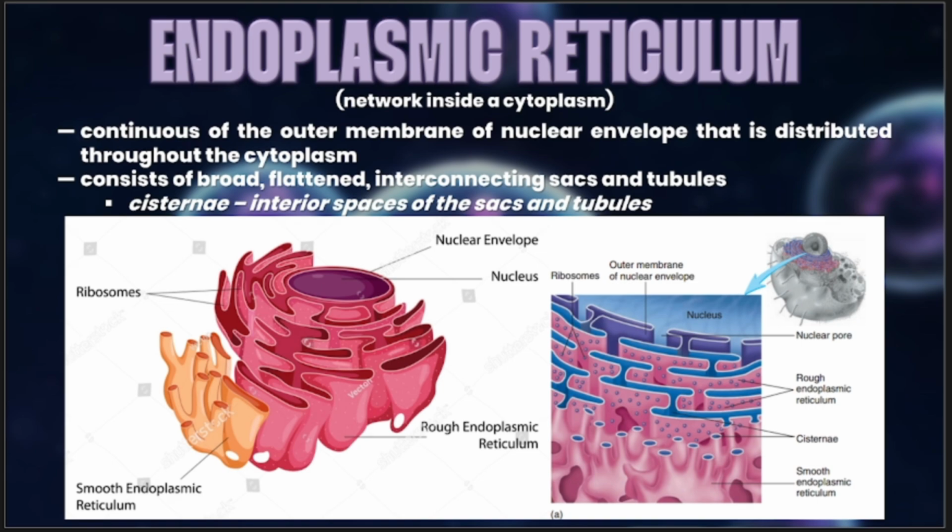What are the functions of your endoplasmic reticulum? Your endoplasmic reticulum plays a crucial role in the synthesis of your proteins and lipids. At the same time, it's also important in transport because your ER serves as a pathway for the transport of materials within the cell from the nuclear envelope to the cell membrane.